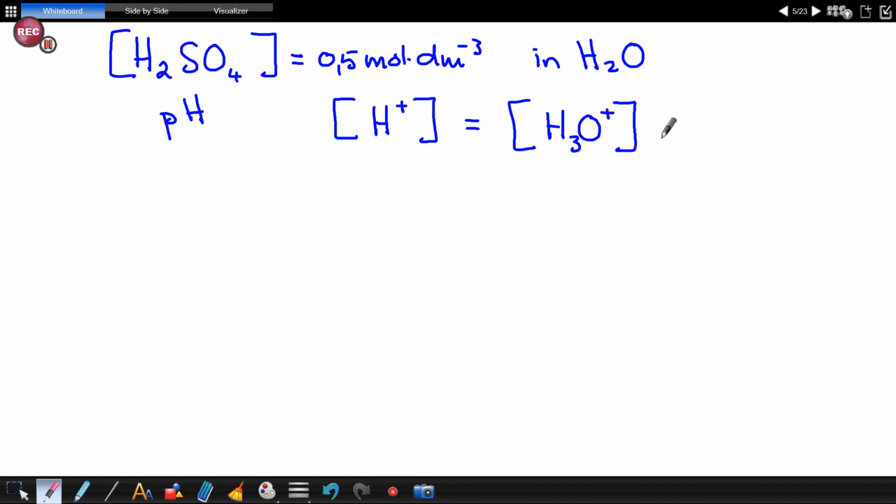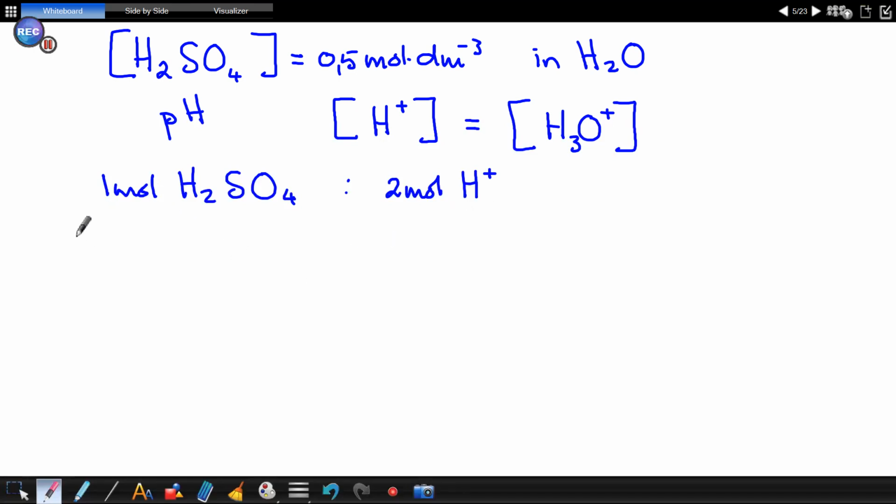It's referring to the same thing. What is the concentration of the ion in that solution? Now for 1 mole of sulfuric acid, how many moles of oxonium will we have? 2 moles of oxonium or hydrogen or protons. Are you with me?